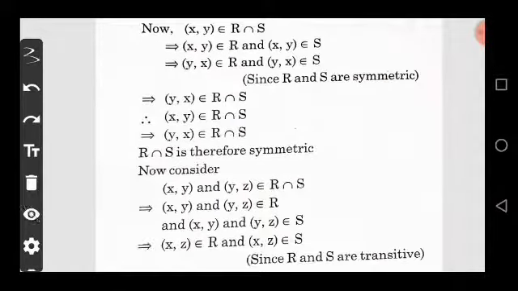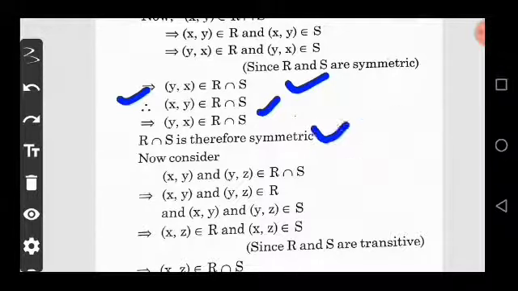Now if (x, y) belongs to R intersection S, it implies (x, y) belongs to R and (x, y) belongs to S. Since S and R are symmetric, (y, x) belongs to R and to S, so (y, x) belongs to R intersection S. Therefore it is symmetric.